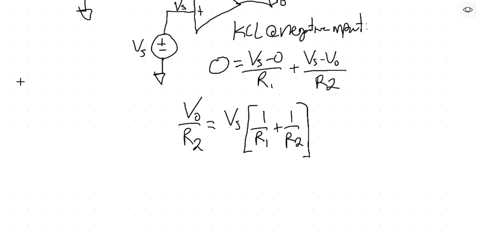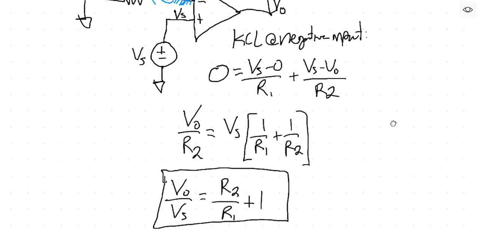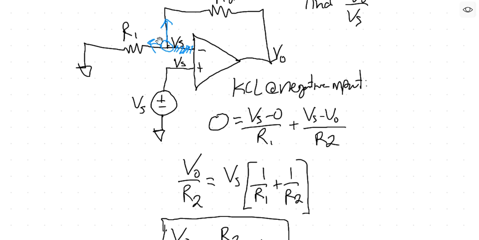Okay, and then we'll keep going, so then V out over Vs, which is what we want, by the way, equals, and then the R2 will come over and multiply. So we'll have R2 over R1 plus 1. All right, and that is our gain equation for this configuration right here.